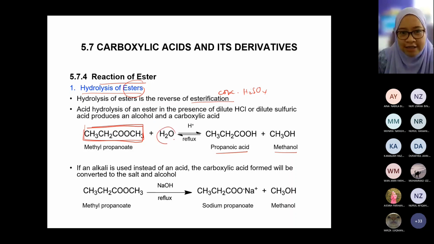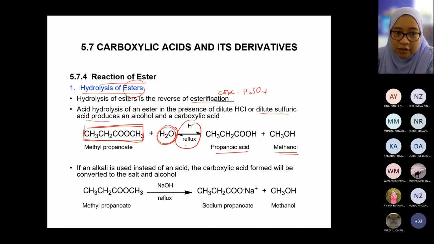Dia kena banyak air. Tapi dia mesti acidic, tapi dia diluted. Okay, diluted sulfuric acid. And it will produce the carboxylic acid and alcohol. So dia punya tu sama, still acidic, cuma concentrated ataupun diluted sahaja. Okay, so this acid actually reacts as catalyst sebenarnya.